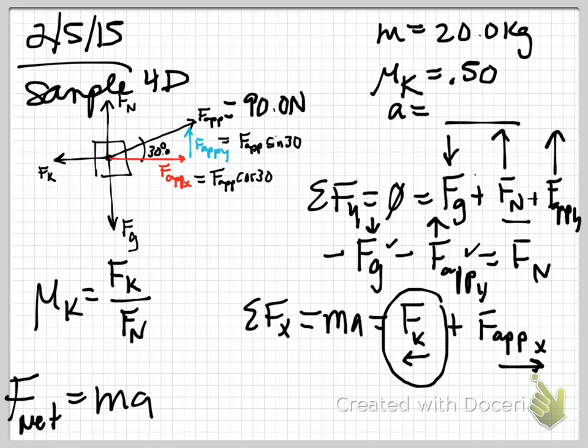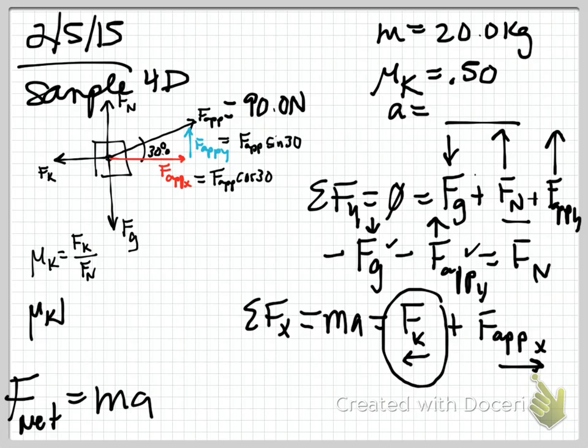Okay, so mu k times Fn, I'm really running out of room here. Mu k times Fn equals your F of k. So you'll be able to plug that back in. There. Okay.